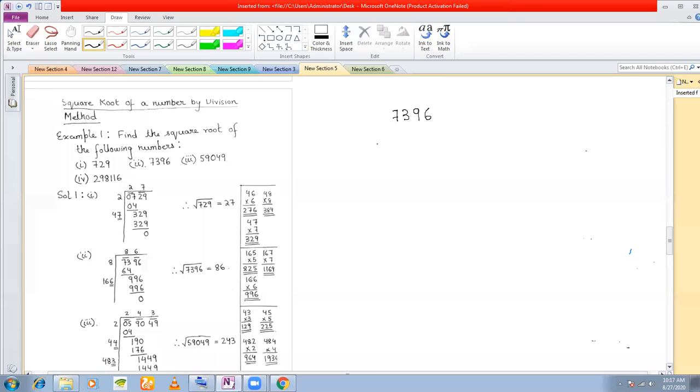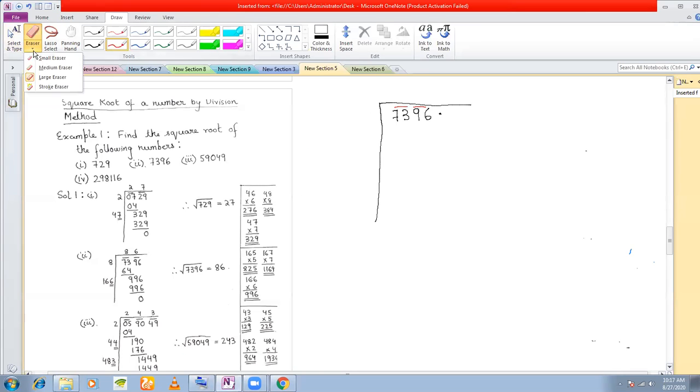Okay. Now you have a decimal point here. So you make your division table in this manner. And you have a decimal point here. So you start pairing numbers. This is one pair. This is the other pair.